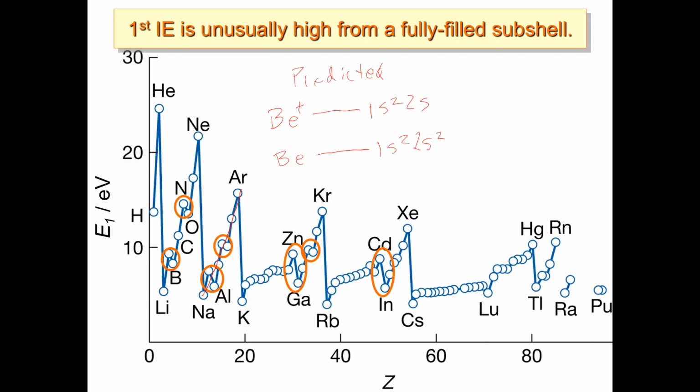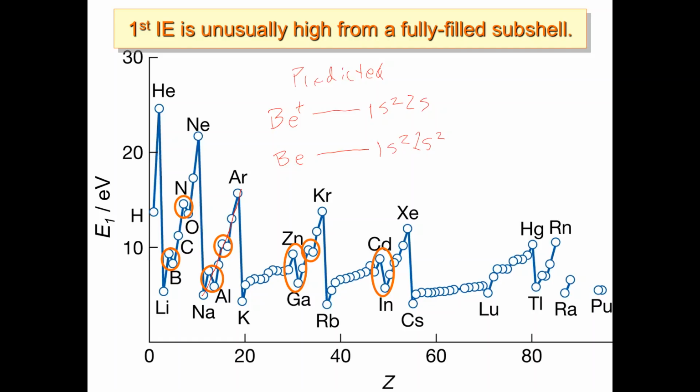And it says this is unusually high, so it means that the difference is bigger. It's bigger than what you would expect, the difference between these energy levels. So which one of these energy levels do you think moved? Which one has a more stable electron configuration? The one that's fully filled.